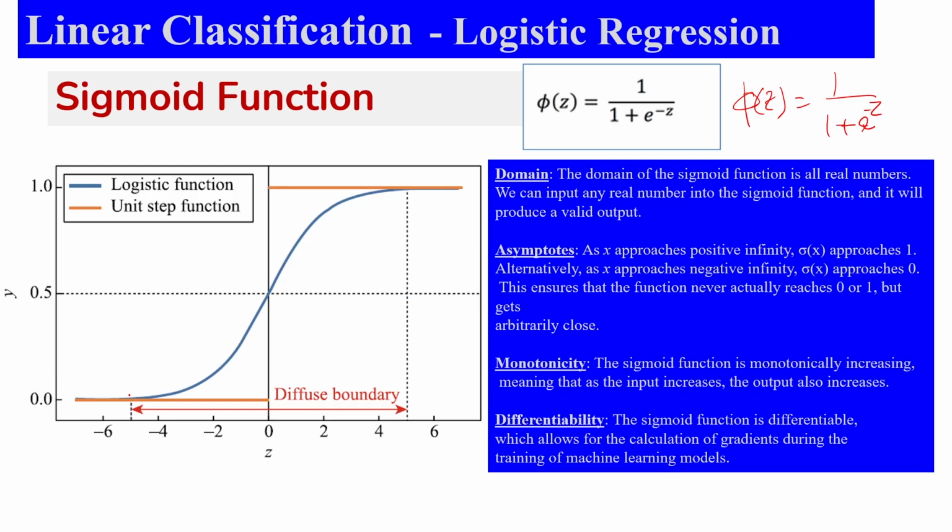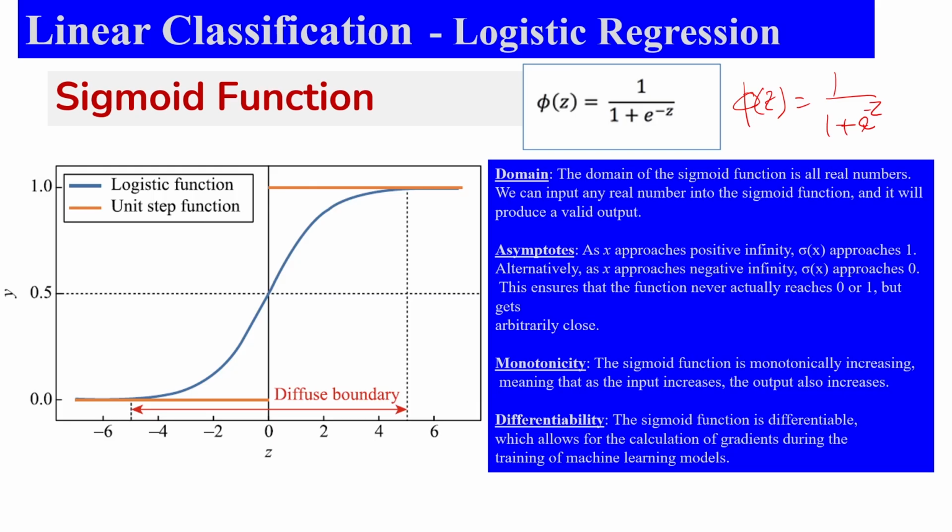Very important function. So, if my z is beyond minus 5 or plus 5, it becomes 0 or 1. If it is between minus 5 and plus 5, it can have values like 0.2, 0.3, 0.5, 0.6, 0.7, 0.8 up to 1.